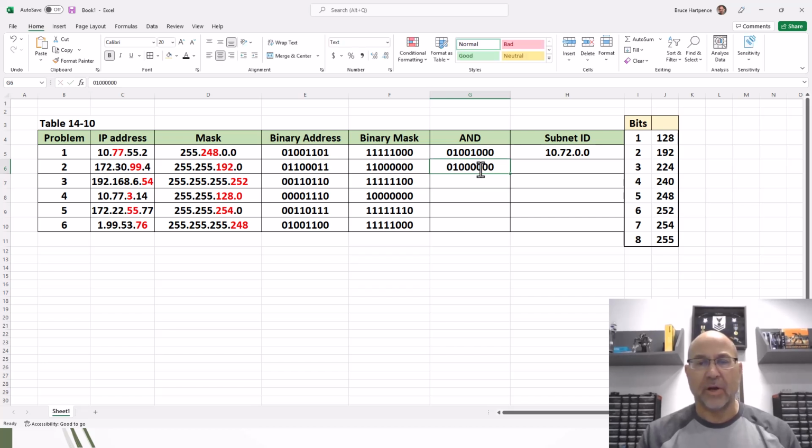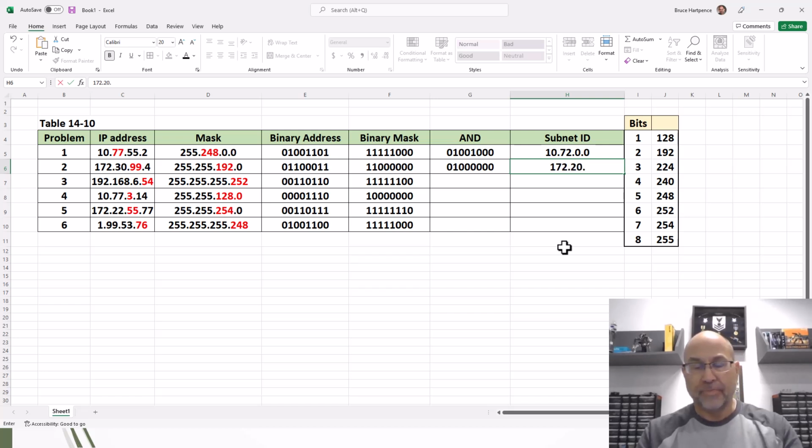So that is our final result, which means that the subnet upon which this node resides is 172.30.64.0. Well, let's keep going.